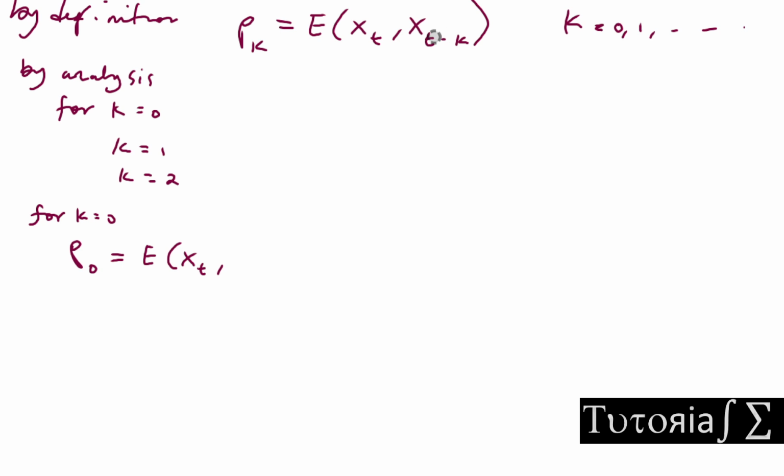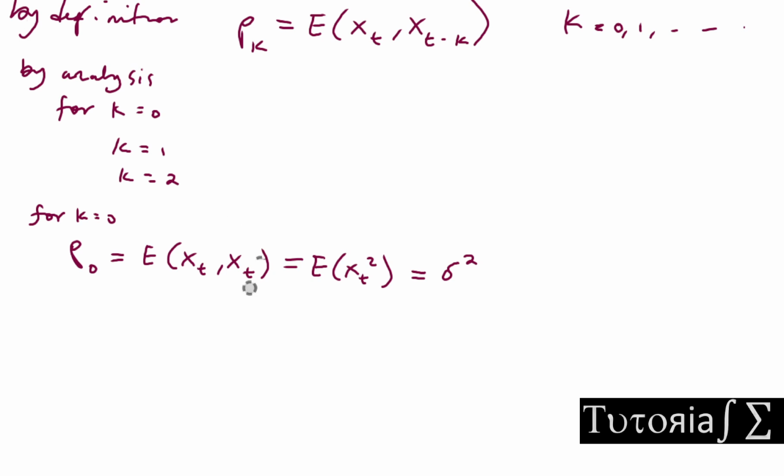Since k is 0, xt minus 0 is just xt, which is just equal to the expectation of xt squared. Now, what is the expectation of xt squared? This is just the variance, at least for a stationary zero mean process.